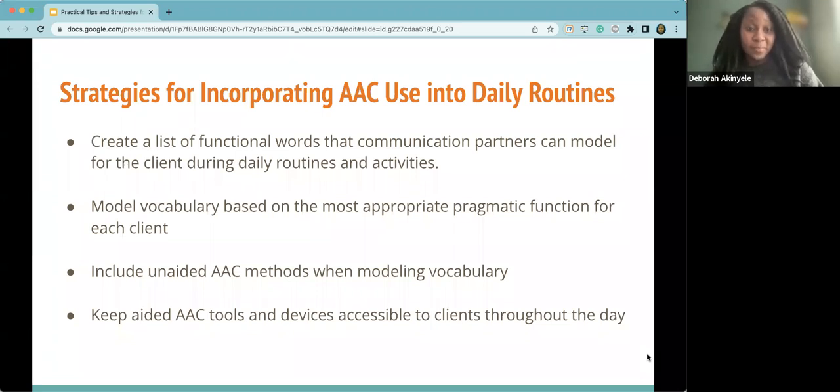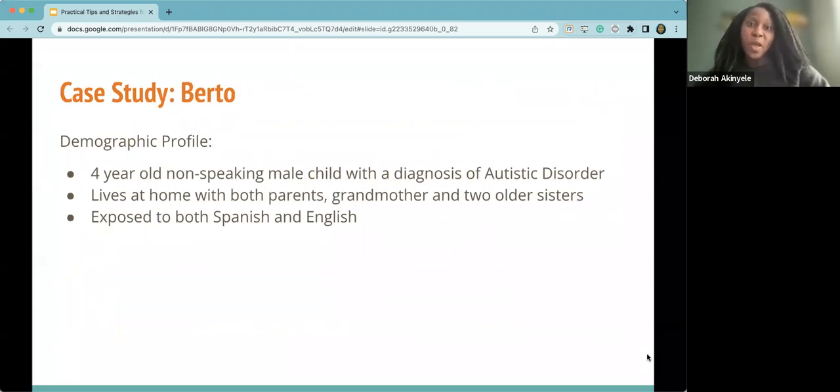One of the things that can be challenging when it comes to thinking through how to implement these strategies in a practical manner is that it's all really good to talk about it in theory, but when you actually have an opportunity to put it into practice, it's not always that simple.